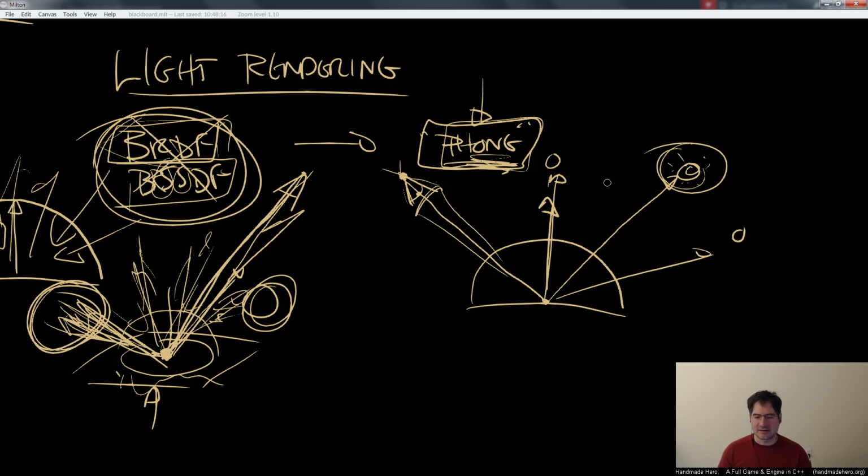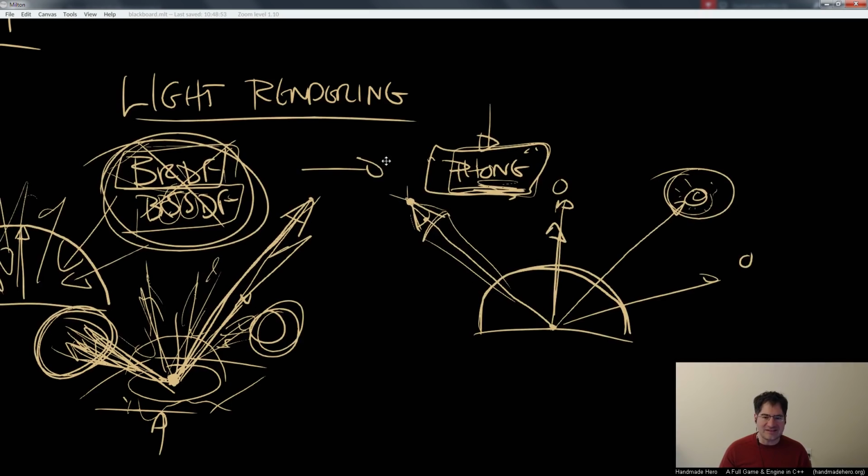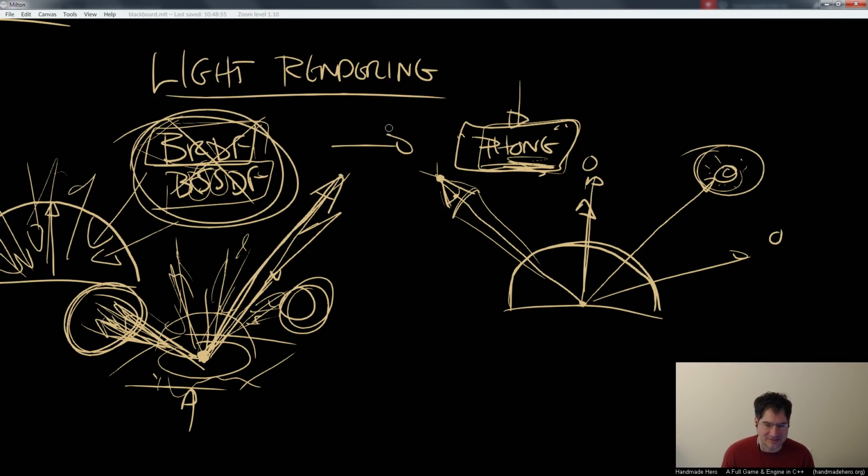So if we wanted to step up from that, we now need information about what the whole hemisphere of light is. Right? What's all the light coming in across the whole hemisphere? And once we had that information, we could even just use something like a Phong lighting model and take lots of samples and produce perhaps a better result. So the actual concept of a diffuse specular coefficient with a Phong lighting model, that's not so bad necessarily.